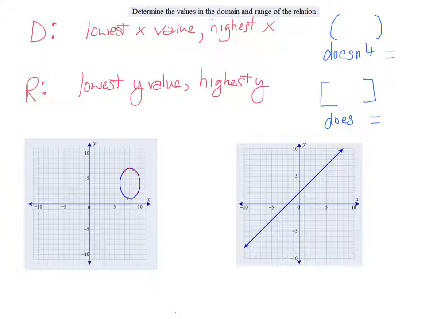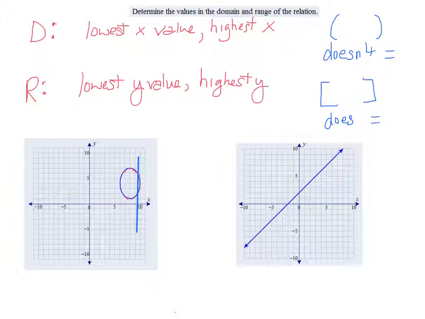So not only will I have the lowest and highest, then I'll put either parentheses or maybe brackets around those. And I might have one parenthesis and one bracket, and that's okay. All right, so here we go. So what I'm going to do is maybe create some lines, and you don't have to do this, but maybe sometimes this helps you see what's going on.